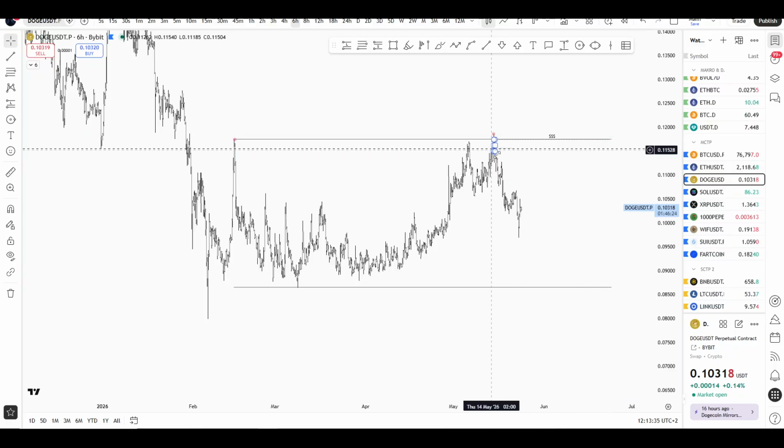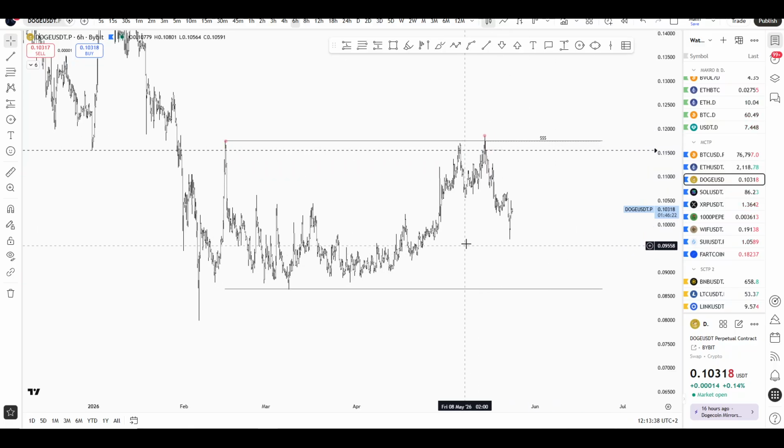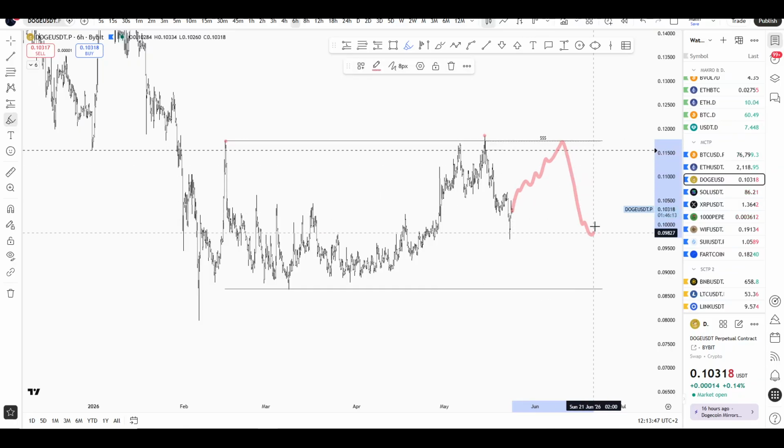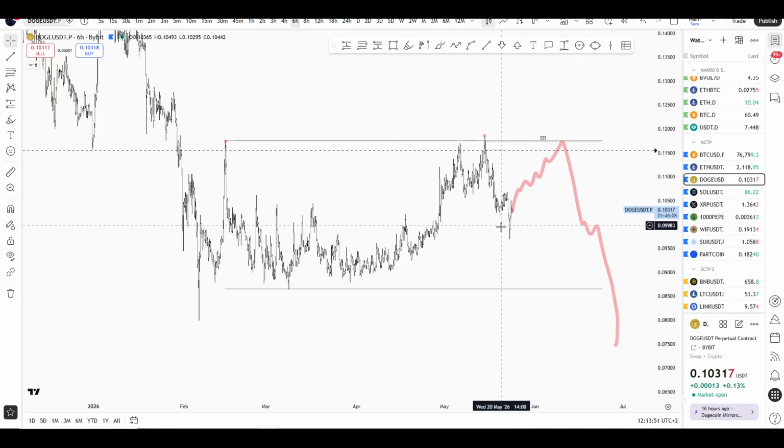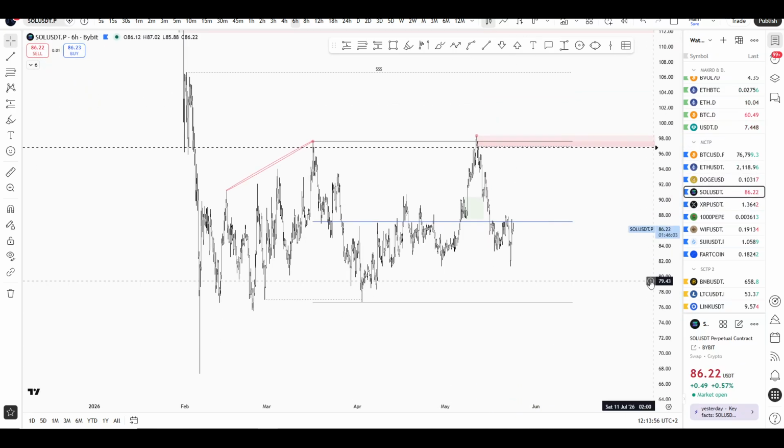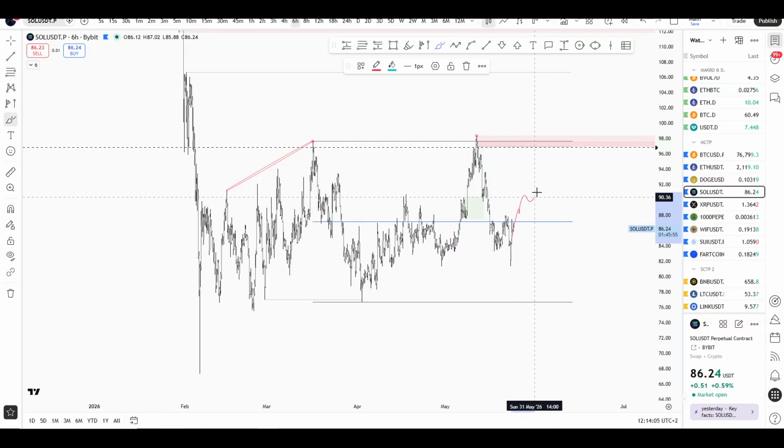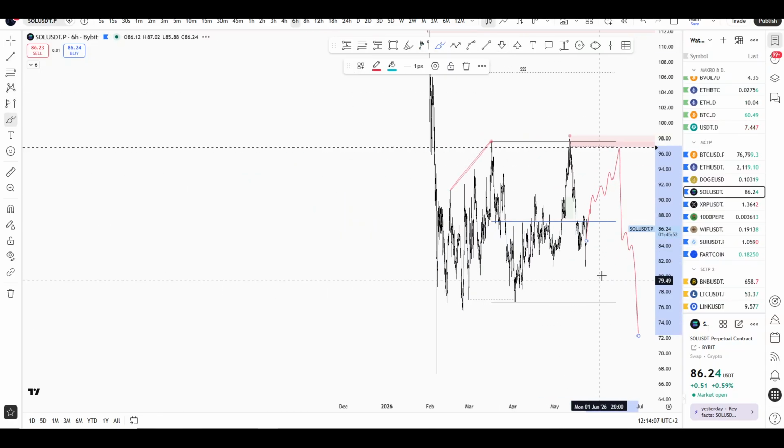We have some other POIs that I did not map out, and you can see this is all easy to sweep liquidity, but we put in the low, move higher, so this can actually move up and then distribute here. This would be a playbook when ETH goes up too. Solana here again took out some lows. We have some lows still below. This would actually be so nice if we get the move up and then distribute.